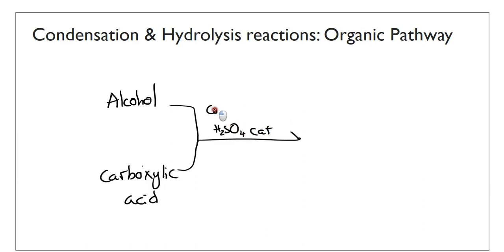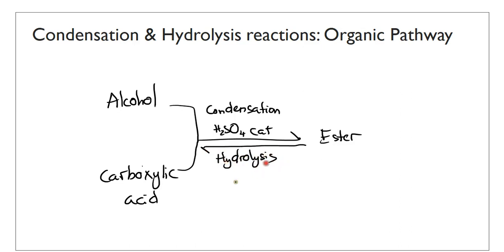This is a condensation. Then you can have an ester. Now if you want to reverse the process, so you want the arrow going back to these two, then it is hydrolysis, and the catalyst is KOH. Okay, and that is that for condensation and hydrolysis.